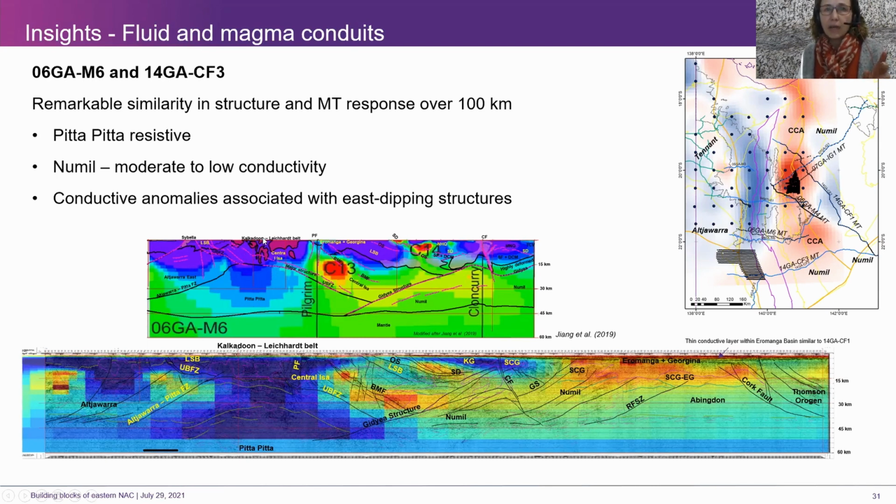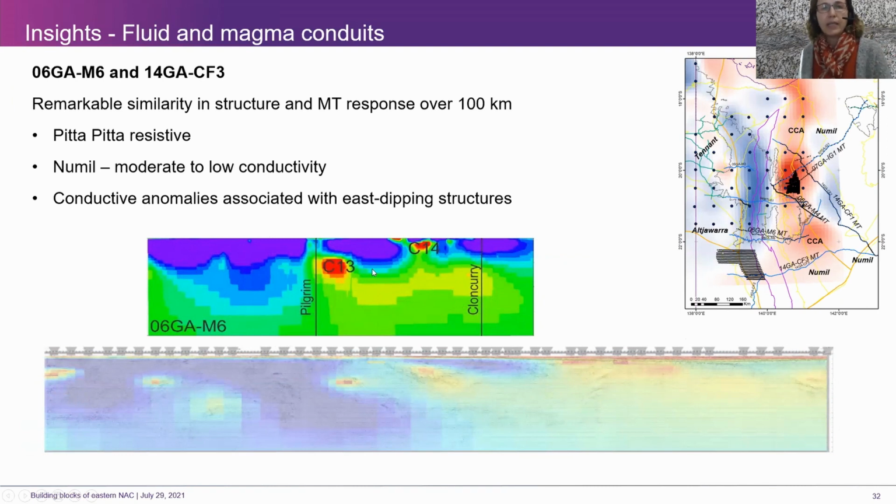So it goes up into there. So I would say first pass, it's localized and focused around that felsic granite volcanic package and in the Pitta Pitta, and the central Isa is less clear. Central Isa here clearly has some conductive anomalies within it.